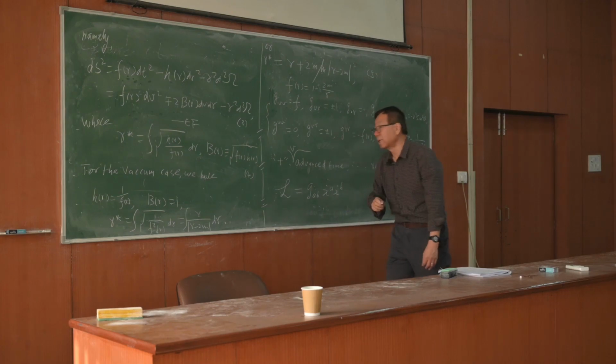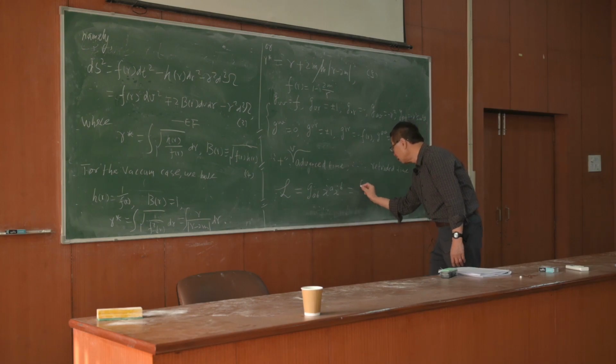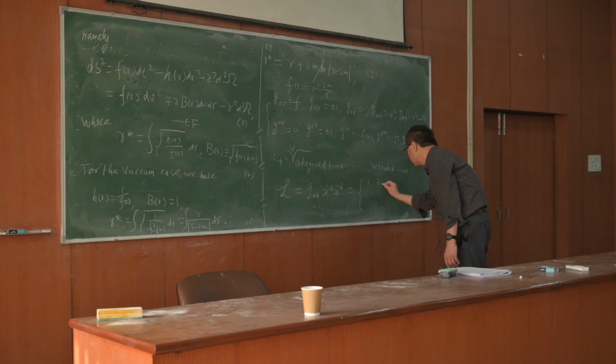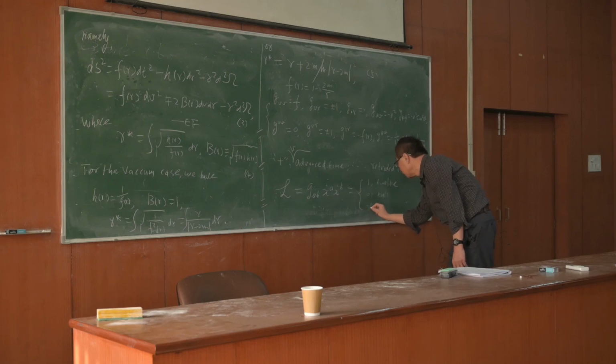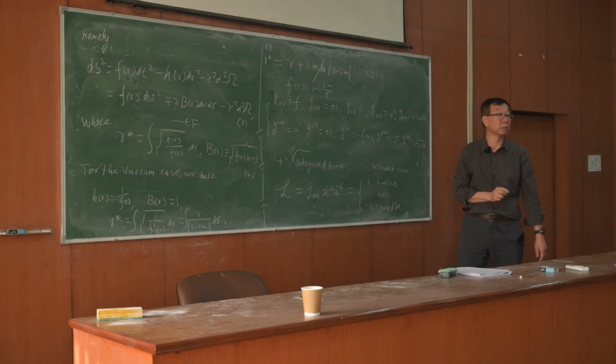This is actually the Lagrangian. You can actually get the motion. So depending on this, it can be equal to 1, timelike, 0 is null, or minus 1 is spacelike. The geodesics are just these things.